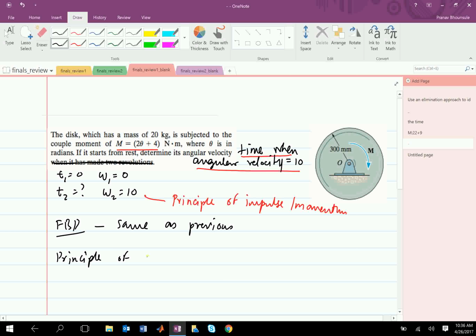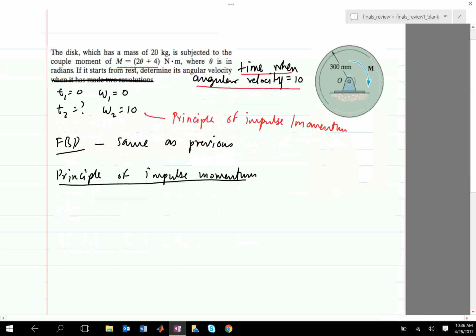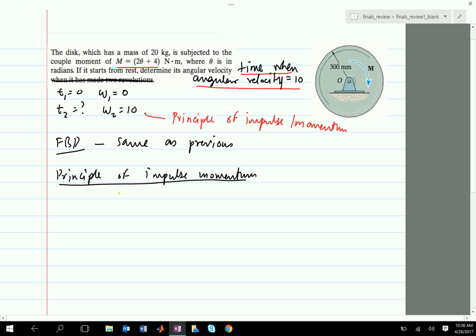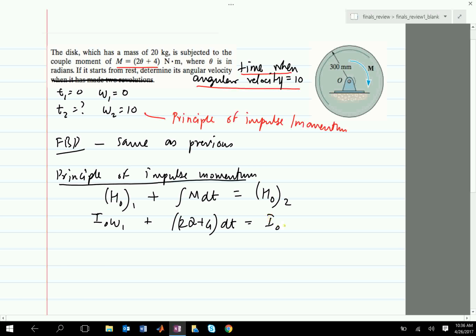Principle of impulse momentum, which says that H_O1 plus the integral of M dt equals H_O2, right? So I_O omega 1 plus the integral of (2 theta plus 4) dt equals I_O omega 2.